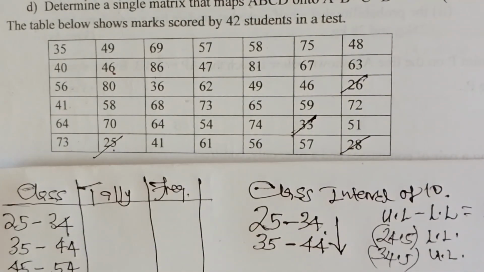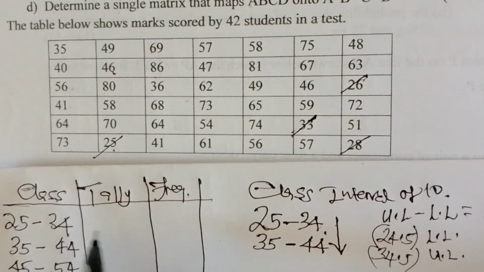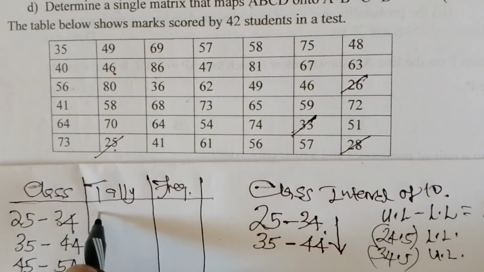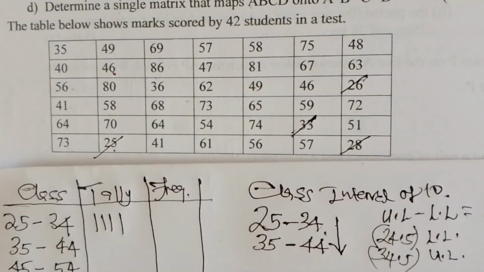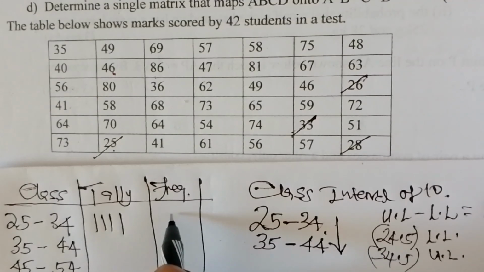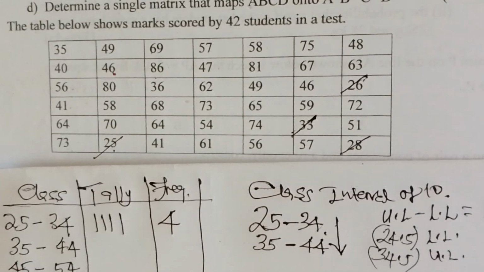Fourth value is there. So I don't think there is any other value remaining. So we come and tally 4 of them, and we're going to use strokes: 1, 2, 3, 4. And in our frequency column, we're going to write the digit 4, like that.